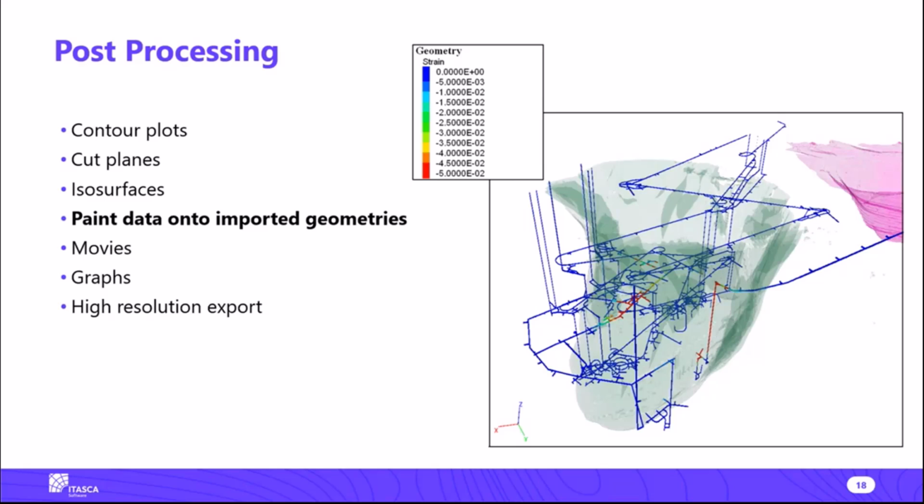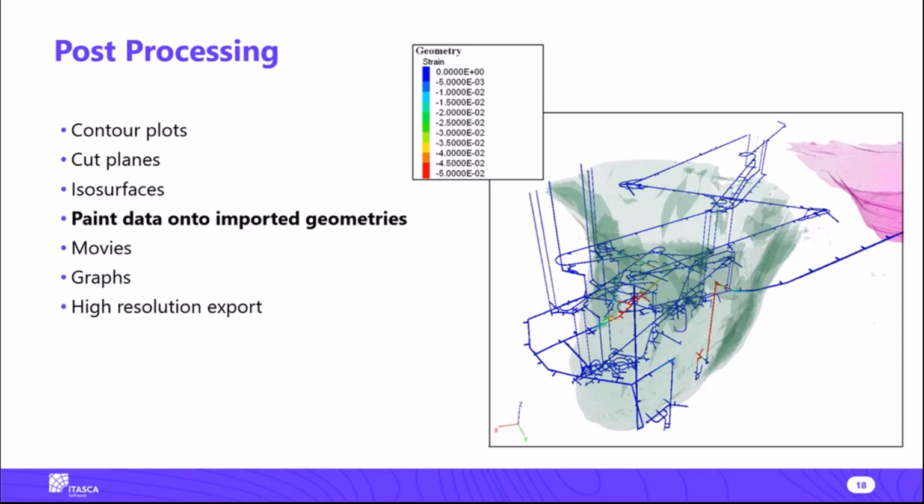Imagine you have a whole bunch of tunnels like this, and you don't actually want to create a numerical model of all these tunnels because that would be quite challenging and computationally intensive. However, you do want to see where the high stresses are, or maybe where the high displacements are, because you need to know where you need extra reinforcement or something like that.